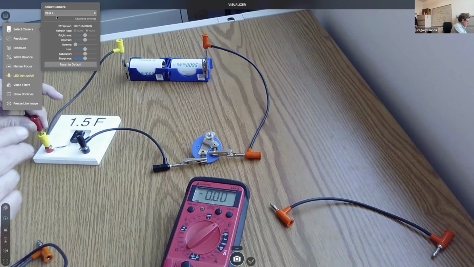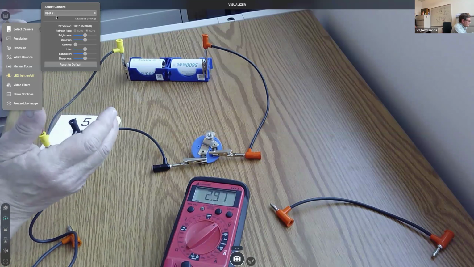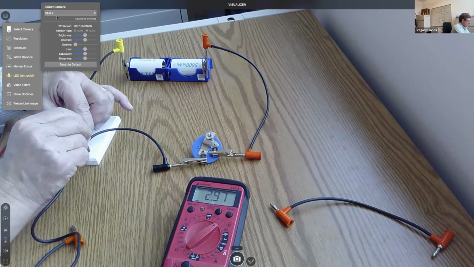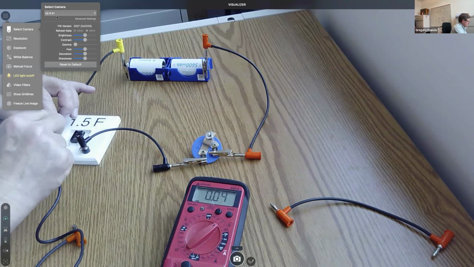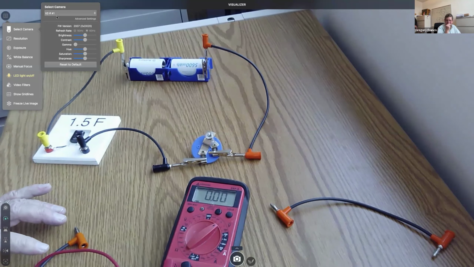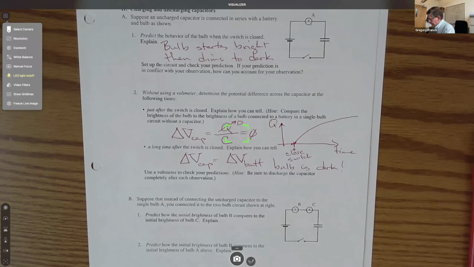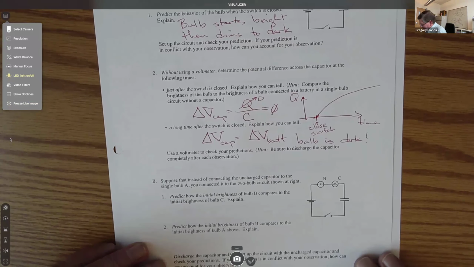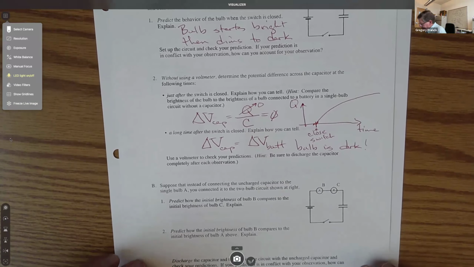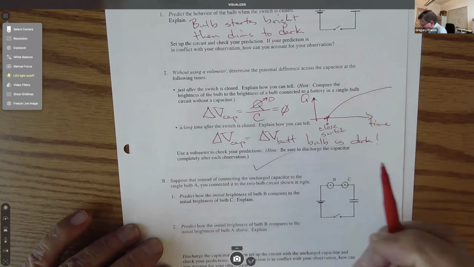The voltage across the capacitor is the same as the voltage across the battery, 2.97. Okay, we have checked our predictions.